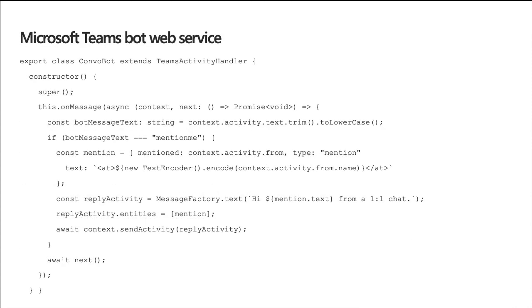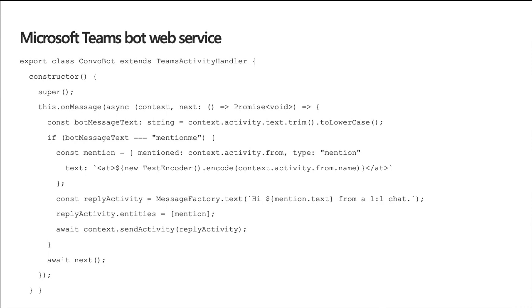The code here shows how this works. You can see here that we're extending the Teams activity handler. And then notice in the constructor, after calling the super method, we're saying go implement the onMessage event that's passing in a context and the next callback. That next callback is what we should call when we're finished with our work here.